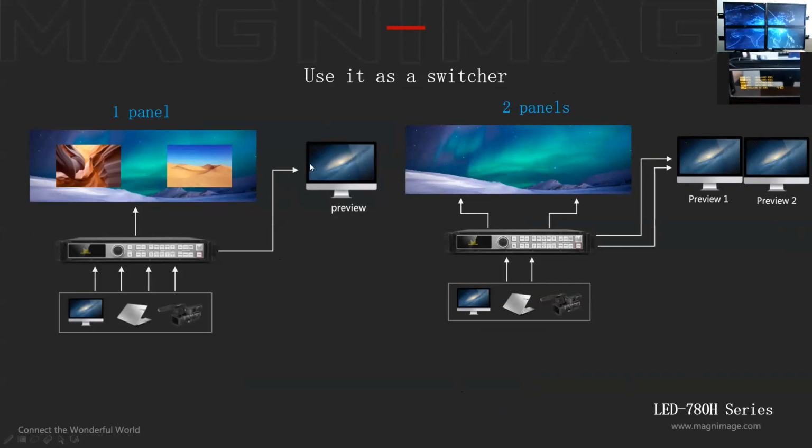So in this case, you can achieve 1 signal to 3 signal switching. And another one is using 2 panels for the main screens and using another 2 monitors for the preview. So once again, 1 panel is 1 to 3 switching, and 2 panels is 4K by 1K screens switching.